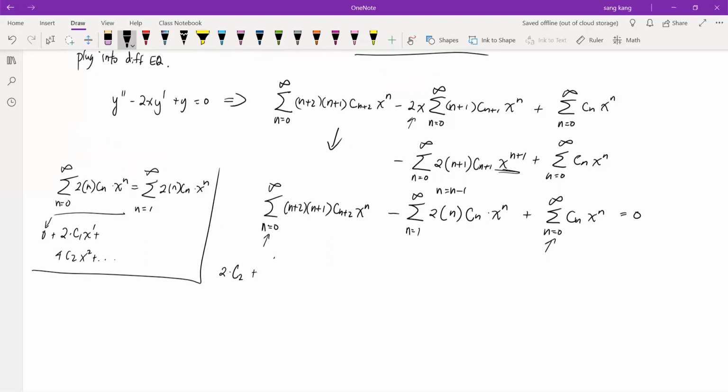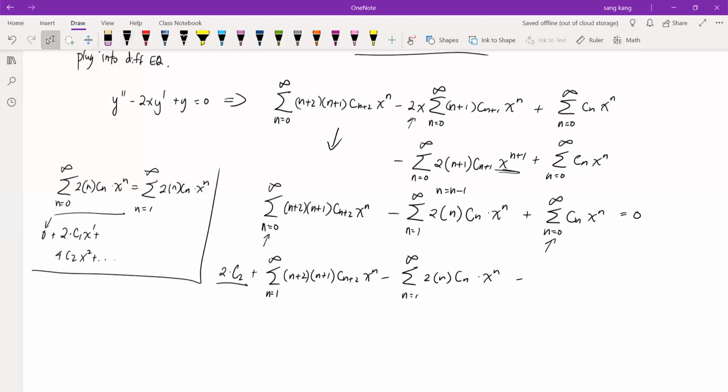So this would be plus the sum of n plus 2, n plus 1, c to the n plus 2, x to the n, n equals 1 now. Since I took the 0th term out, I still have this guy here. I'm not doing anything to this yet.